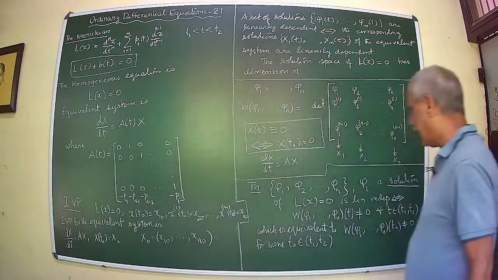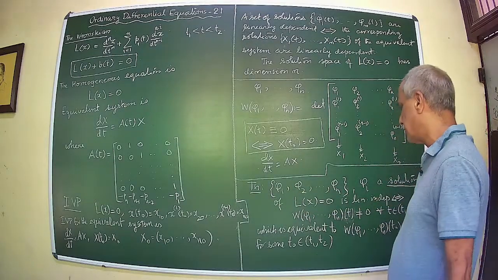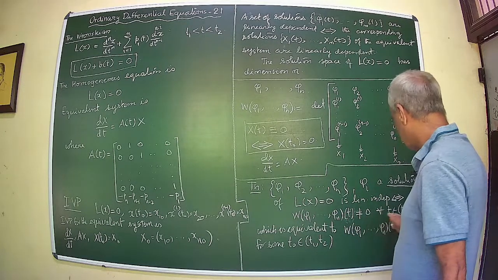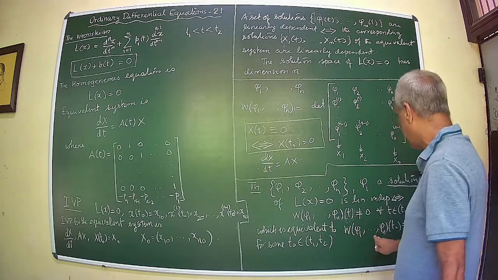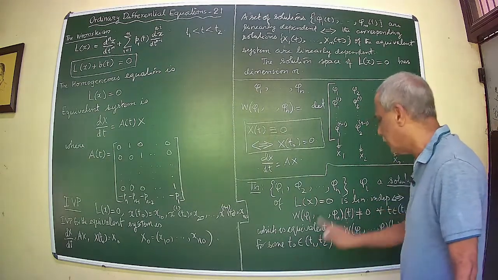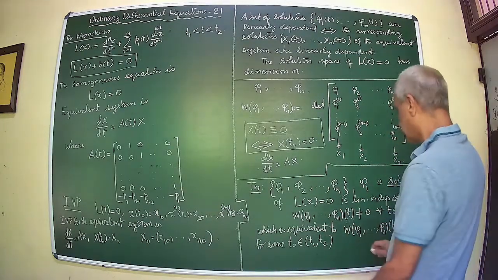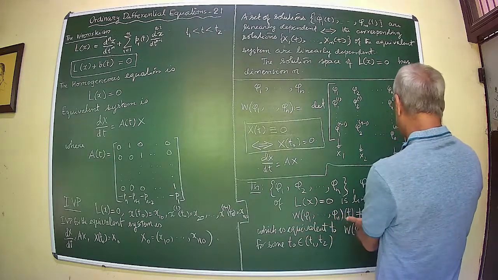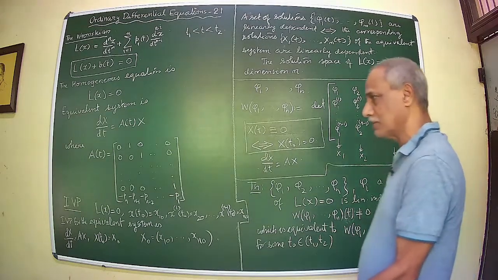What we have is that these functions are linearly independent if and only if the Wronskian is not equal to 0 for every t belonging to (t1, t2), which is equivalent to W(phi 1, phi 2, ..., phi n) at t naught not being equal to 0 for some t naught belonging to (t1, t2). How does this come? This is easy. If W(phi 1, phi 2, ..., phi n)(t) is not equal to 0 for every t, then it is in particular true at some t naught.